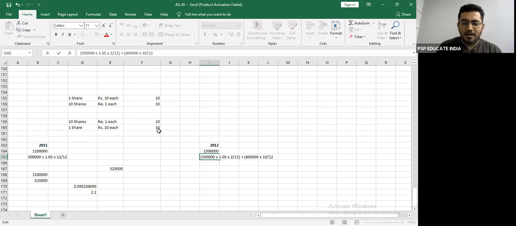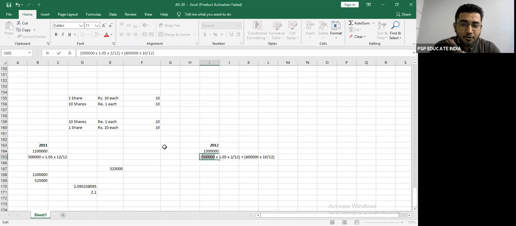10 divided by 12. Now do not take the adjustment factor. Remember, you will take the adjustment factor only when there is confusion. When there is no confusion, you are absolutely clear as to what is the position, then you do not take the adjustment factor. I am again explaining to you, please understand carefully. What I am trying to explain is that over here, you have taken 5 lakhs, which will change in the future.